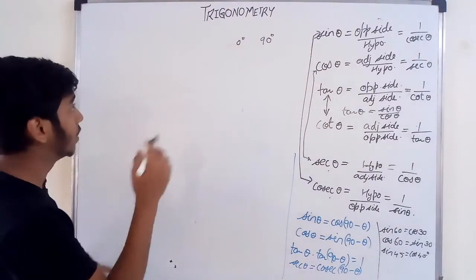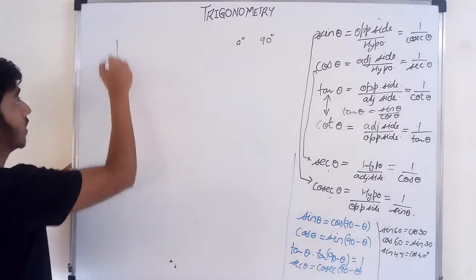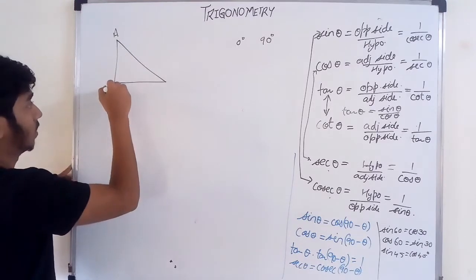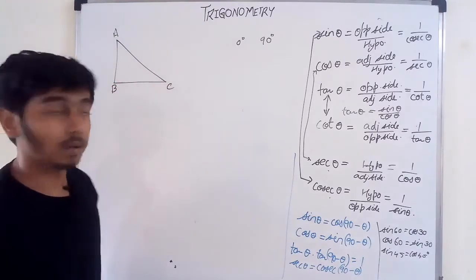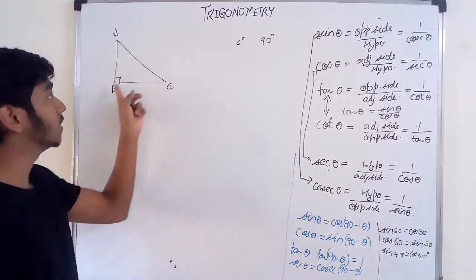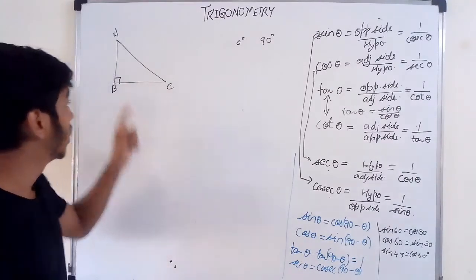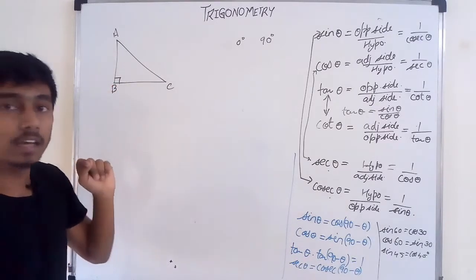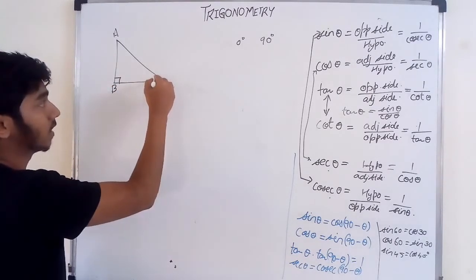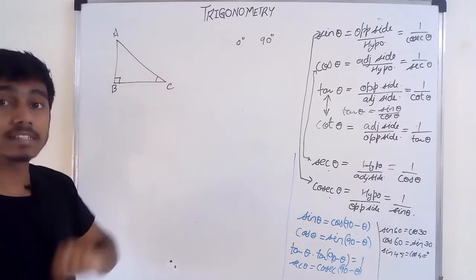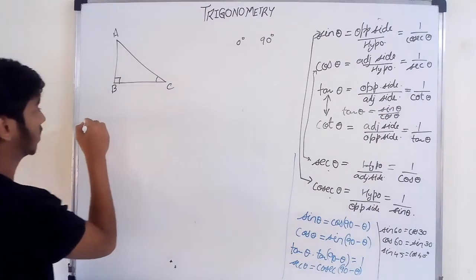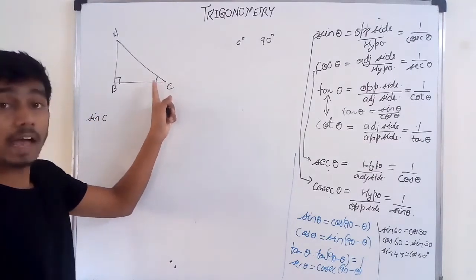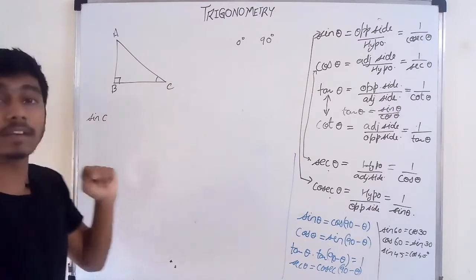Let's say there is a triangle ABC, and angle B is 90 degree, given. So in the right angle triangle ABC, angle B is 90 degree, and let's say we are considering angle C. Let's find sine of C, meaning for angle C, find the sine value.